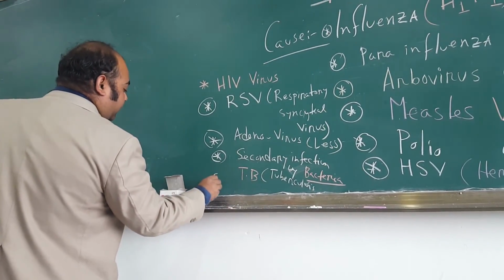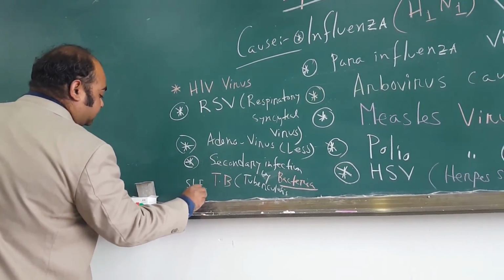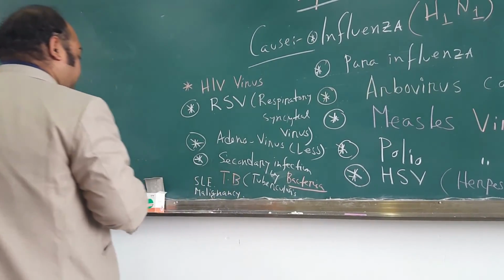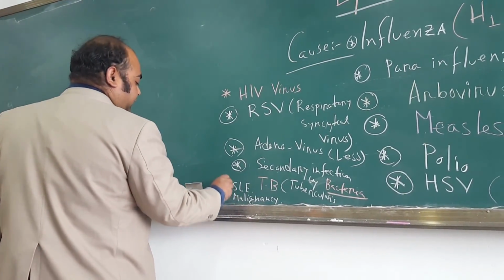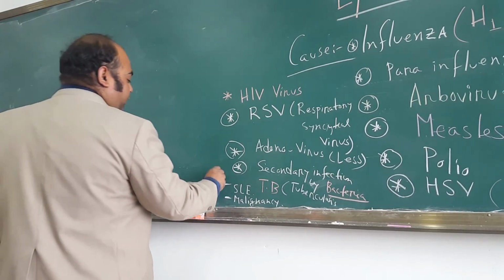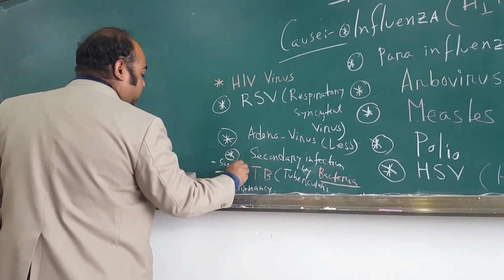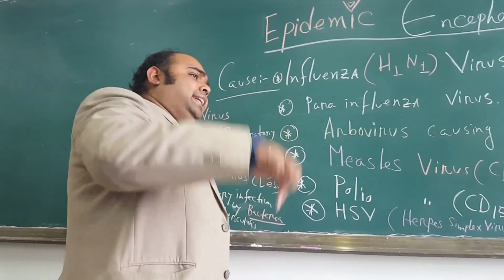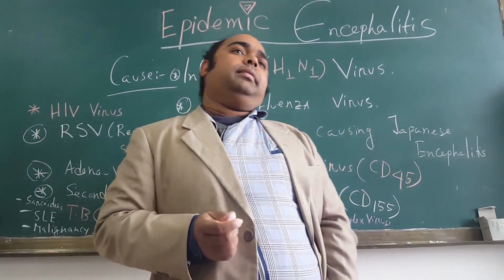What other diseases? For example, if you have SLE, if you have malignancy, you will also have secondary infection. If you have any malignancy, SLE, or sarcoidosis, you will have secondary bacterial infection which leads to suppressed immunity, so you have viral infection.